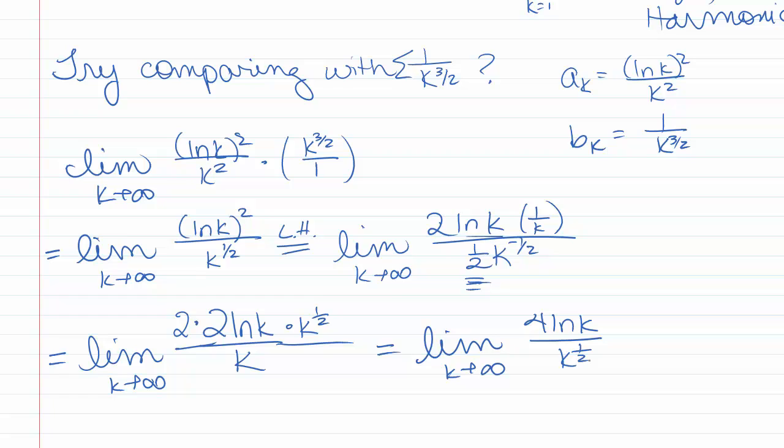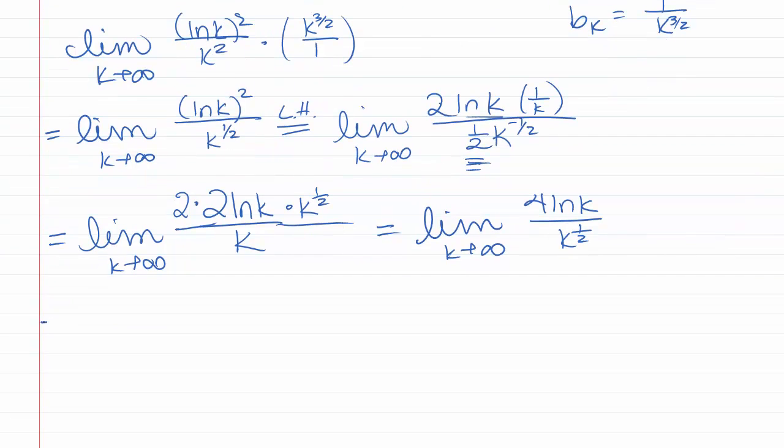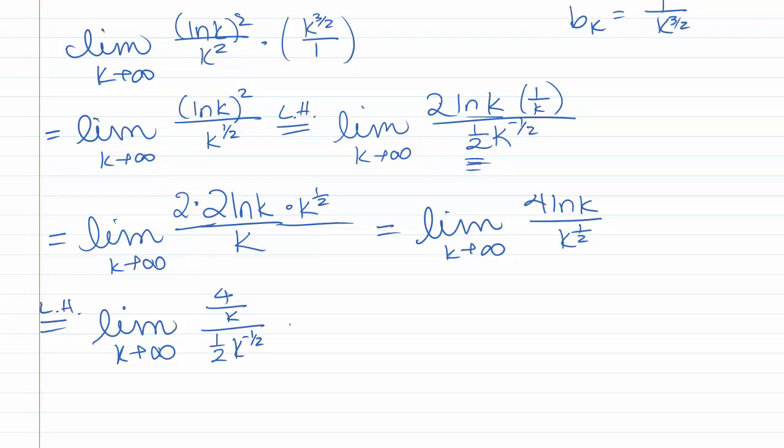Okay, well, I guess we've made some progress because now we only have natural log to the first power instead of natural log squared. So let's try L'Hopital again. Or if you were smart, you would know from growth rates, again, that any power of k is going to grow faster than a natural log of k, so this would be 0. But let's do L'Hopital and we can show it. So we get limit as k goes to infinity. The derivative of the top is 4 over k. The derivative of the bottom is 1 half k to the negative 1 half.